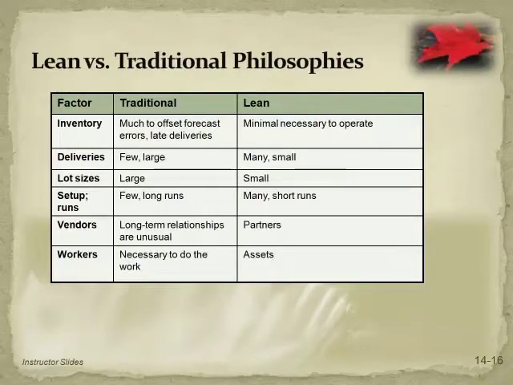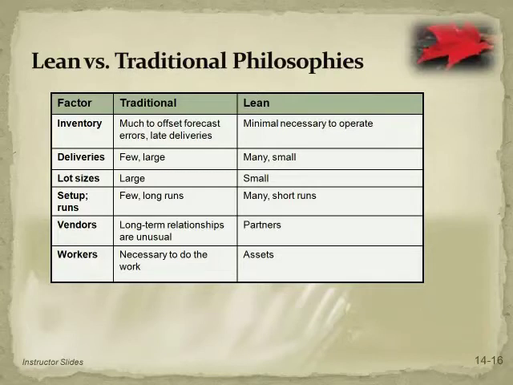Now, I put into the lecture a comparison between traditional and lean. We'll talk about this. From an inventory perspective, a traditional system may want to have late deliveries, whereas lean is trying to go absolutely minimum.